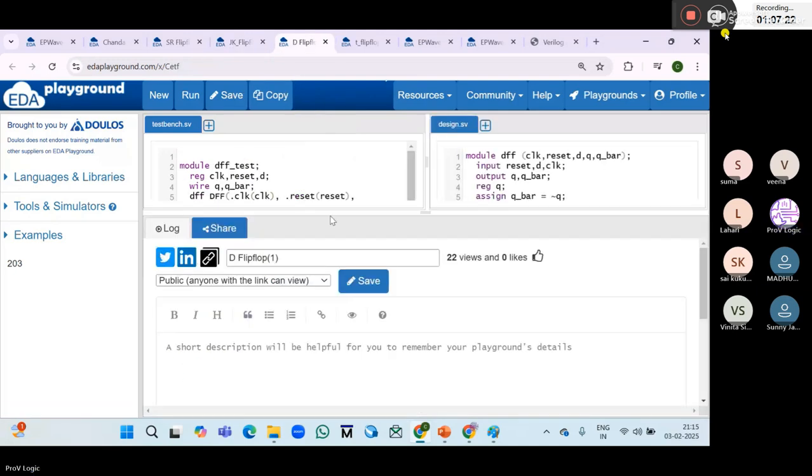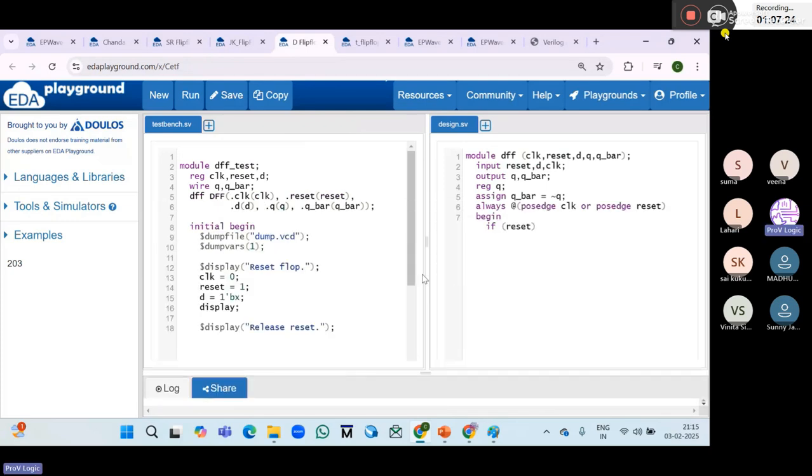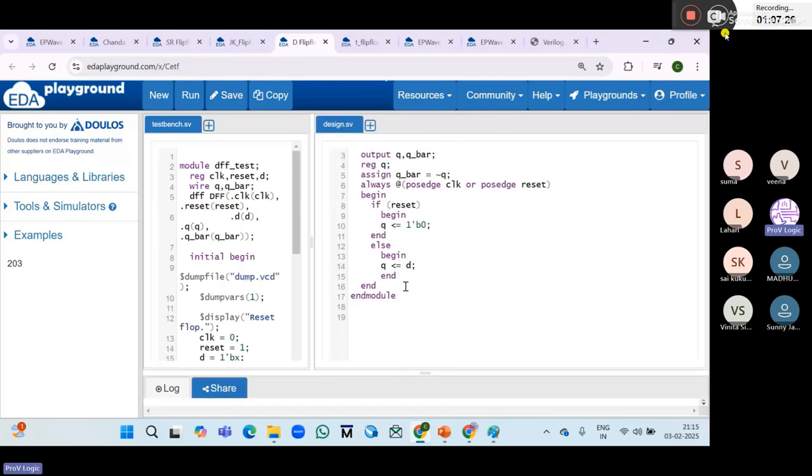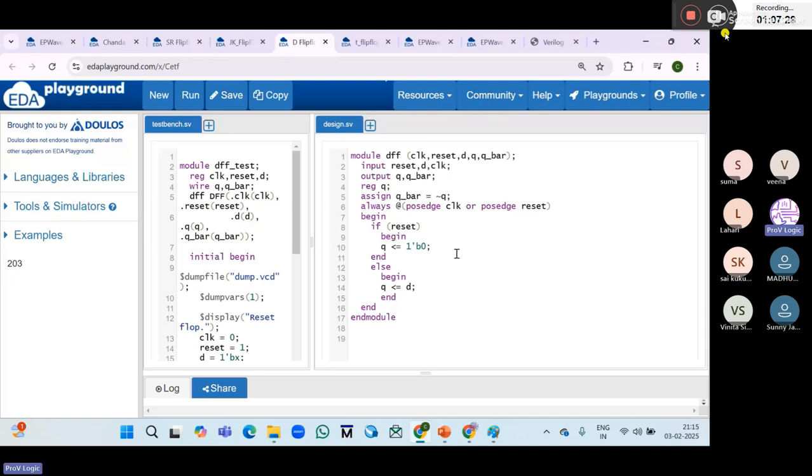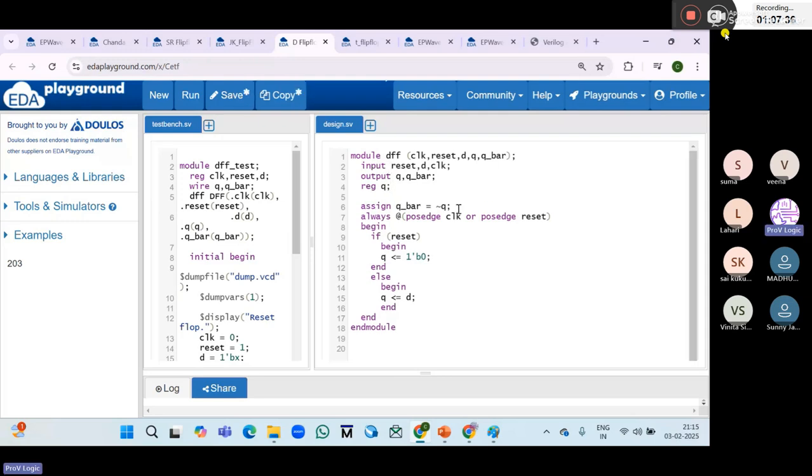Next, D flip-flop. D flip-flop, very easy. Just Q equal to D whenever the clock is high. This is another style where we can use both continuous assignment statement and procedural assignment statement within the same module.